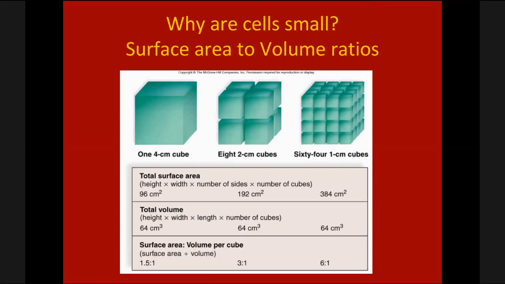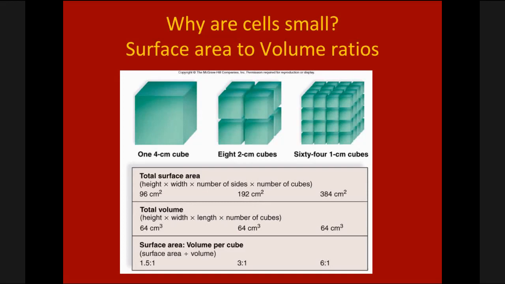It turns out that the smaller you are as a cell or the smaller you are as an object, the more surface area, outside area that you have relative to the volume inside. We refer to this as surface area to volume ratio. The smaller you are, the more surface area you have per unit of volume.